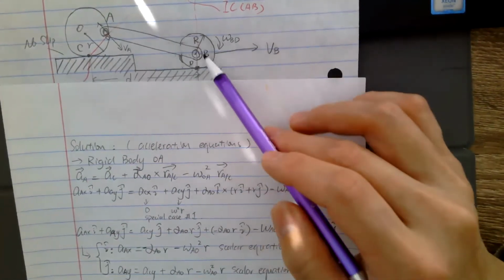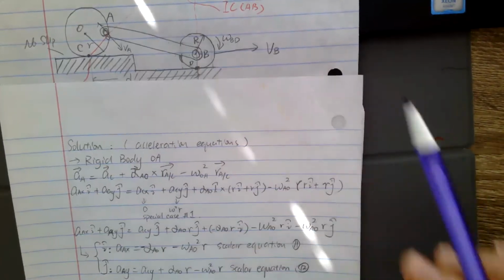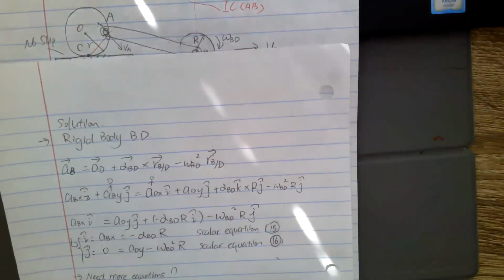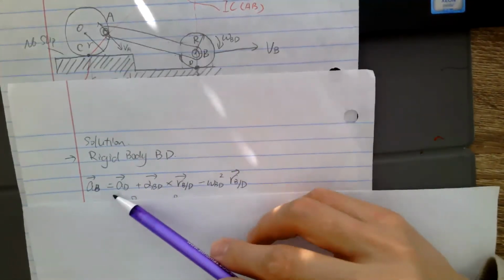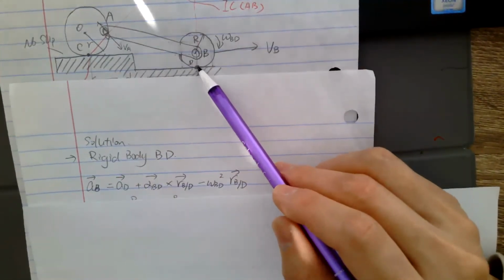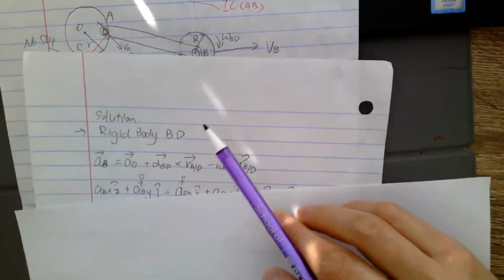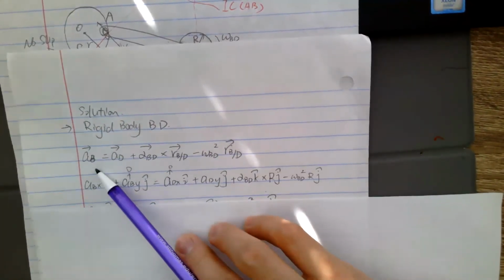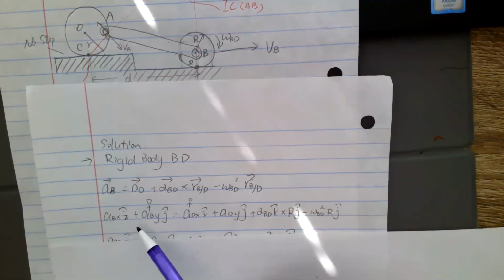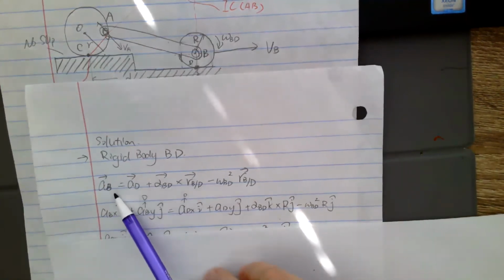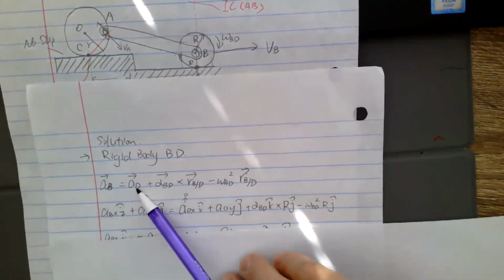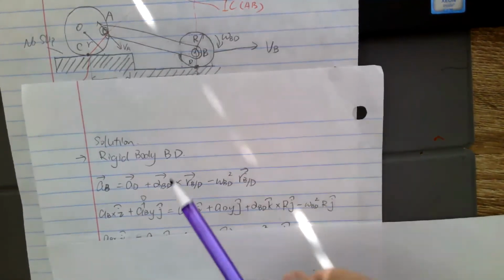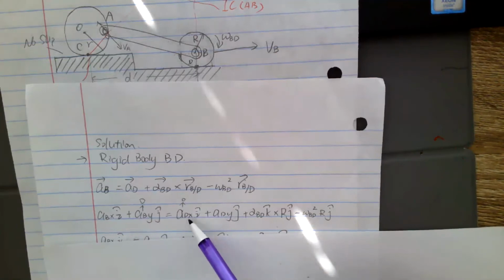Now we have one more rigid body, which is this disk. We can apply the acceleration equation one more time to point B and point D. B is the contact point, and break everything down to IJK components. B is only going to have an X component. A_D, D is the contact point, so it has 0 X component.